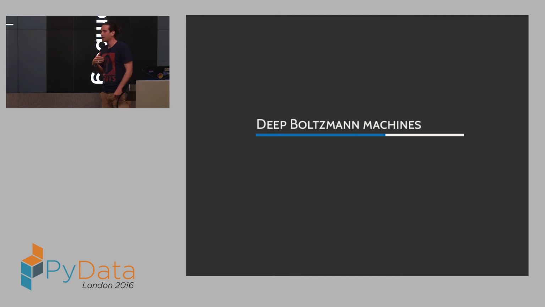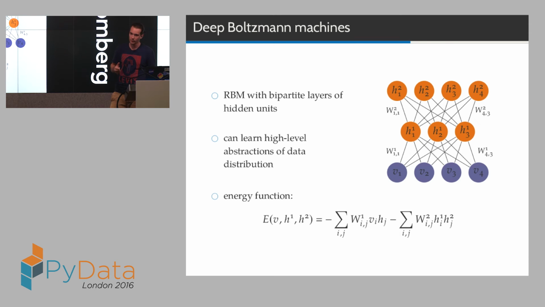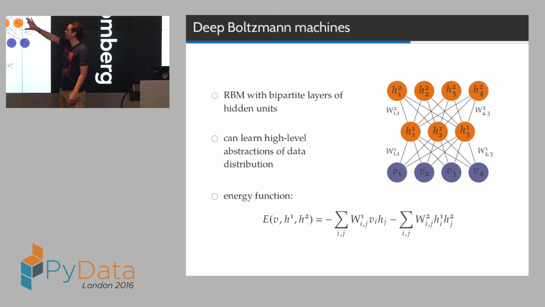So to move on to deep Boltzmann machines. The idea in deep Boltzmann machines is you continue to propagate this bipartite structure upwards. In a restricted Boltzmann machine, we just had one layer of hidden units. Here we have an additional layer of hidden units on top of that. The idea behind this is that the first layer learns an initial approximation or distribution of your data, and the second layer then learns an additional distribution over your first layer.